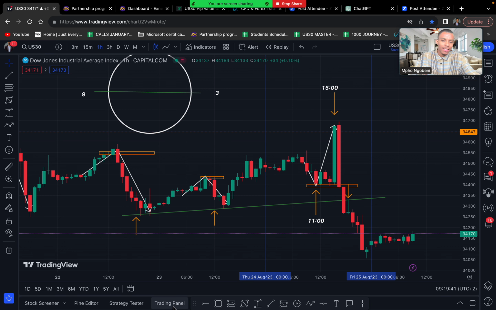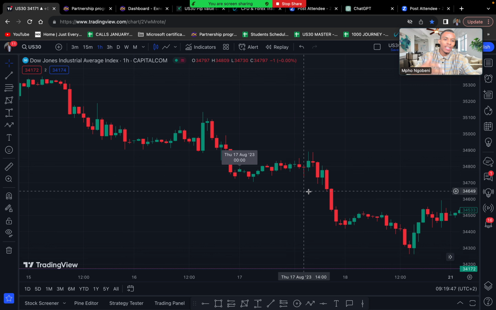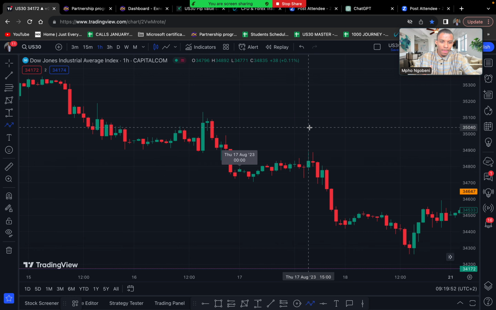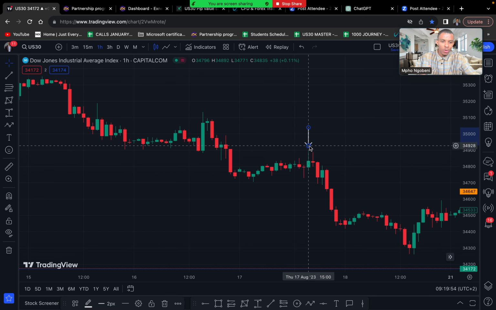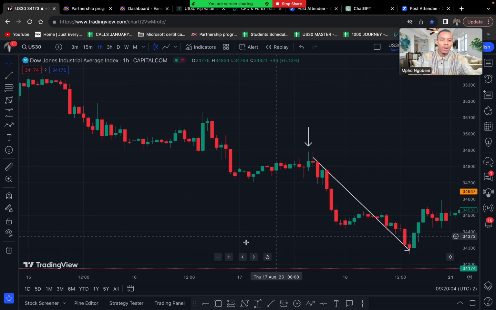Let me quickly show it to you. This is the 24th, but if you check the 17th, you'll see that the high was at 3 o'clock. The time is shown below there. So you see 3 o'clock over Thursday, it's a high, and then the market pushed down.